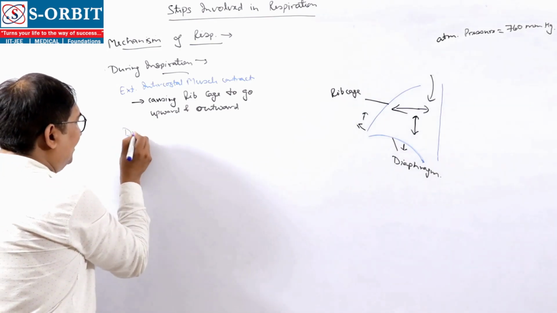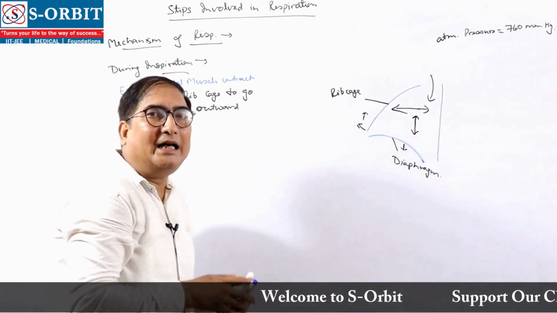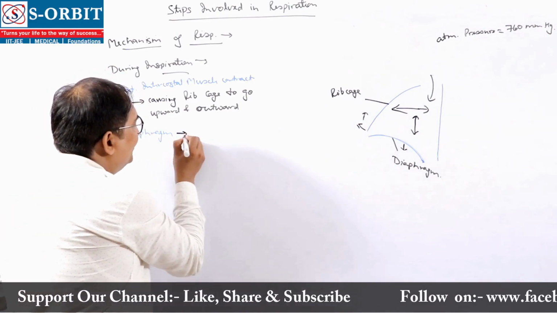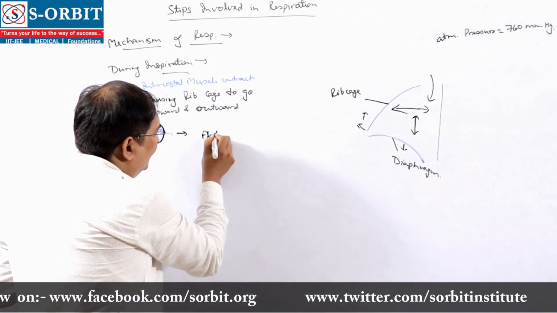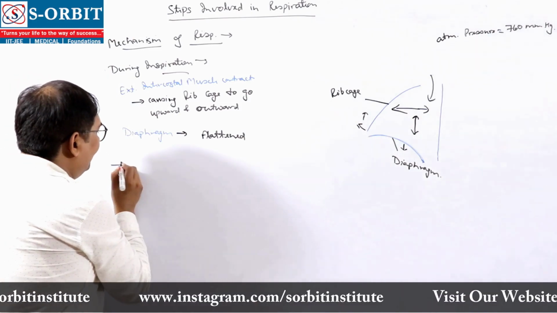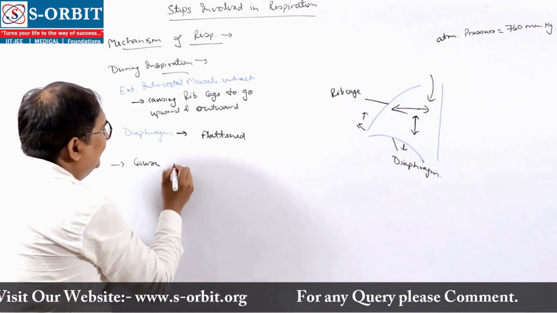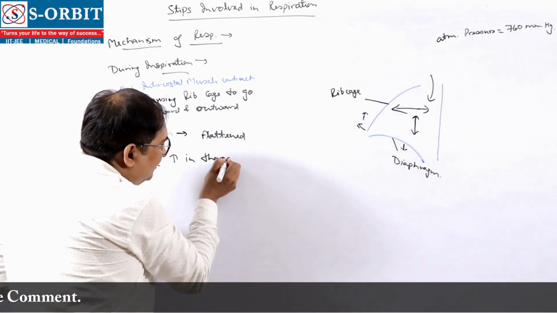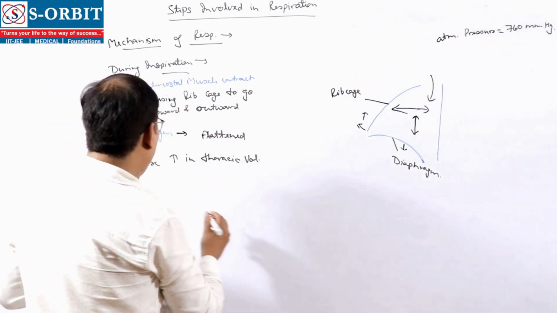When the phrenic muscles of the diaphragm contract, the diaphragm becomes flattened from its original dome shape. And these two things cause what? These two things cause an increase in thoracic volume, and an increase in thoracic volume causes what?